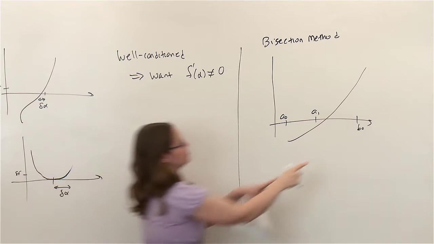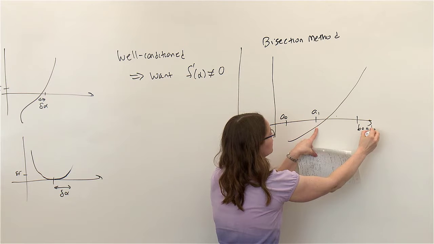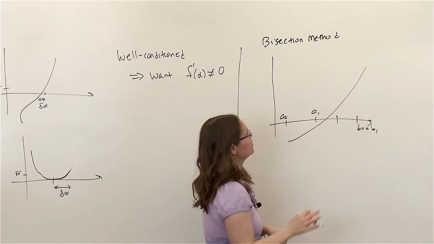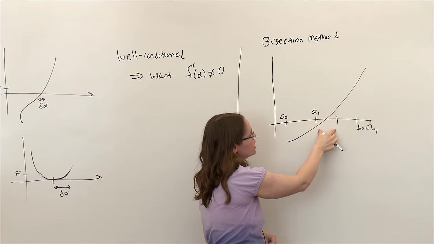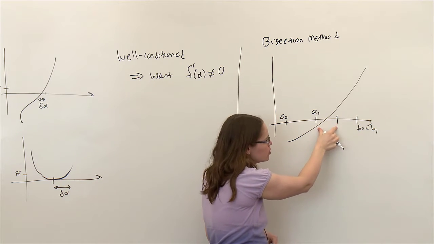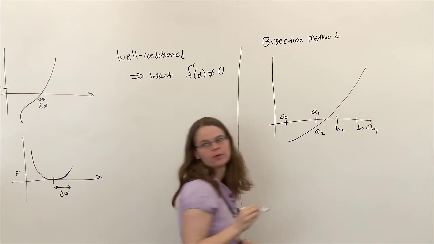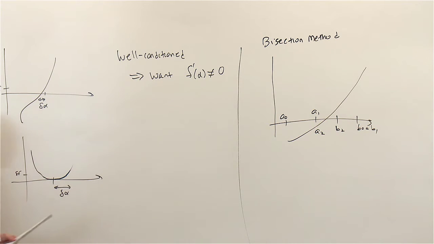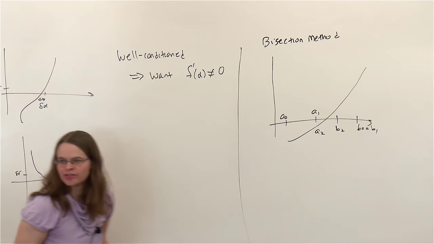Then I repeat the process. I take this, and this will be my b1. I bisect the interval, and again f is positive in both of these and changes sign here. So this is going to be my new right endpoint, and I keep this as my left endpoint. Okay, so that's the picture version of the algorithm.